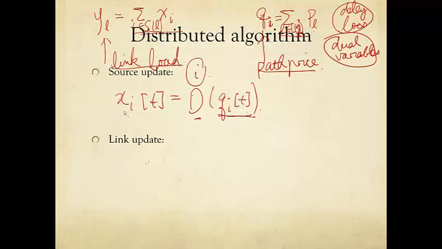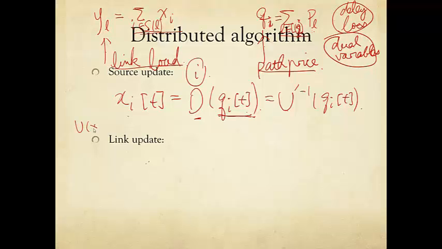Now what is the demand function again? You may remember it is the inverse of the utility function's first derivative. Why is that? Because the demand function is derived by looking at the net utility maximization.